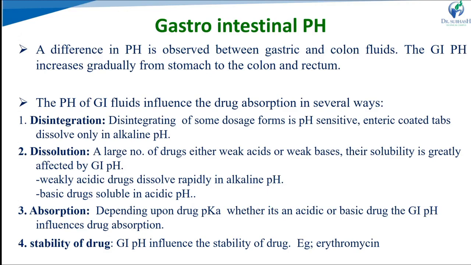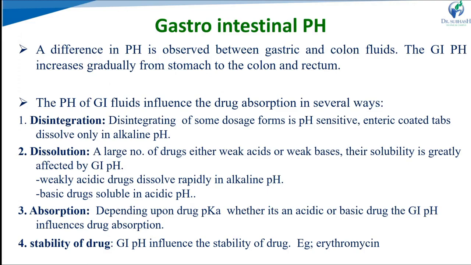First, some dosage forms are pH sensitive. For example, enteric coated tablets dissolve only in alkaline pH. Enteric coating polymers dissolve specifically at a specific, alkaline pH. So that is how pH influences drug absorption.